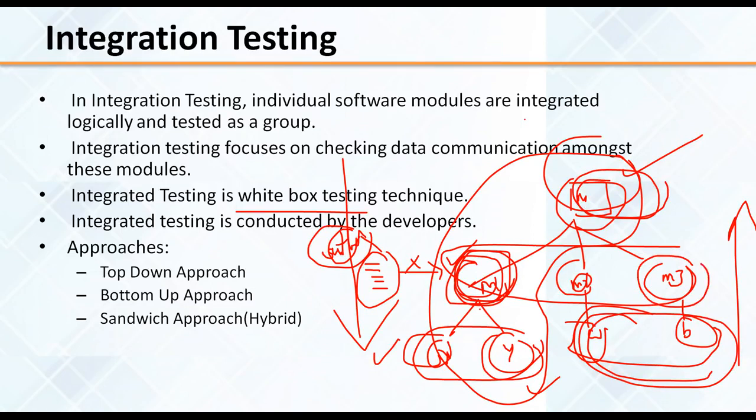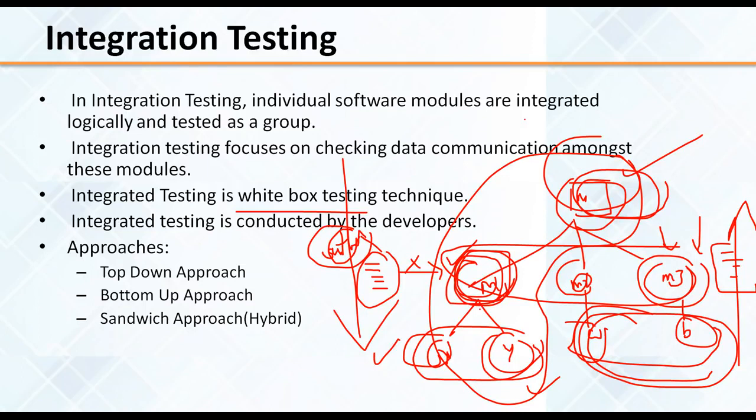But if you want to test this full integration, I require this sub-module. So instead of this sub-module, again I will create some temporary program which will assist, as a workaround for this particular module. This program works in a similar way to the module, but only temporarily.